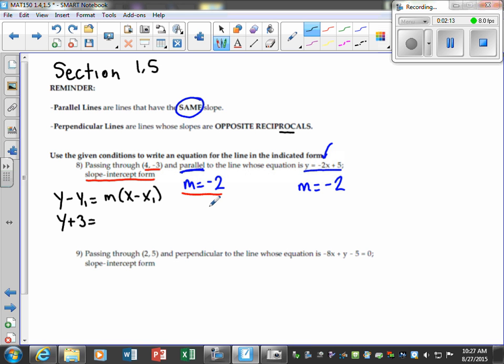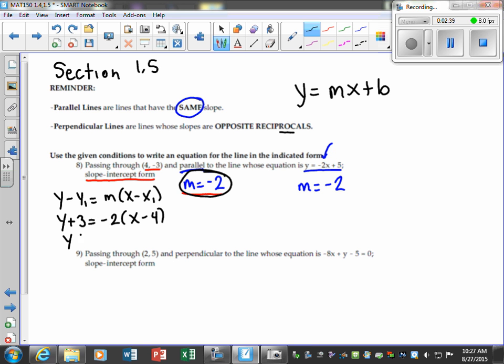Our slope, because we're using parallel, we want to use the same slope, -2, and then minus x. So this is actually point slope form, but they ask us to go to the slope-intercept form. So now we're going to solve this thing for y equals, because slope-intercept is y equals mx plus b.